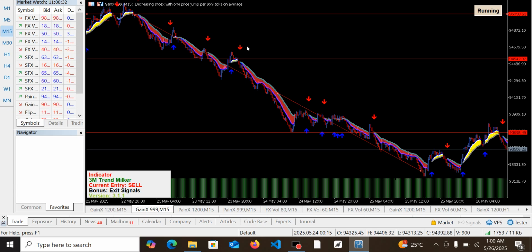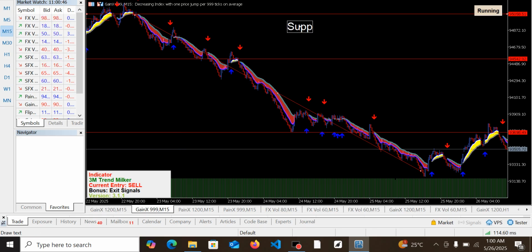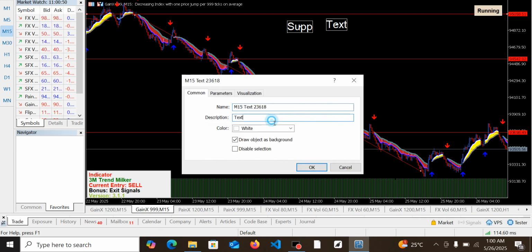So quickly, let's see how we can go about it. These are the three items which I said you should know how to identify: your support, your resistance zone. These two things are very, very important.